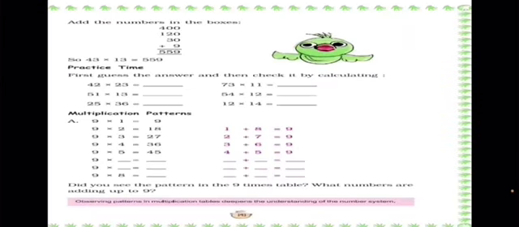Now 54 multiplied by 12. So here again 54 is 50 plus 4 and 12 is 10 plus 2. So now 50 multiplied by 10 is 500 and 10 multiplied by 4 is 40. So now we have got 540. So you need to note this down somewhere.